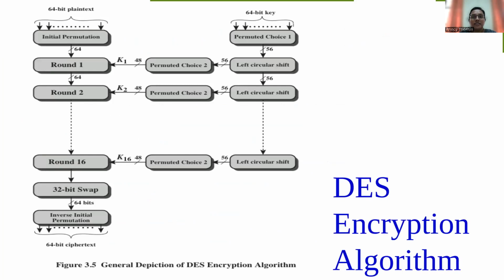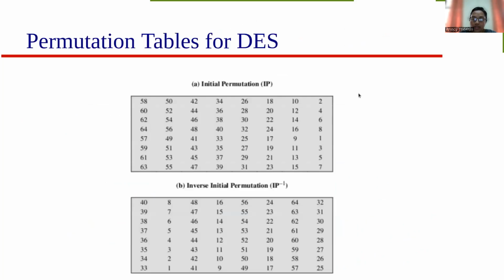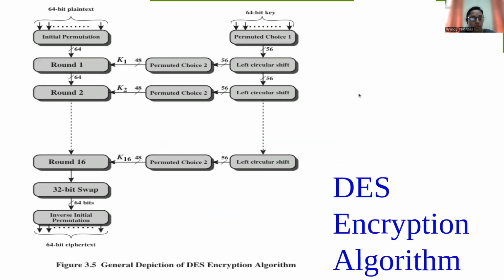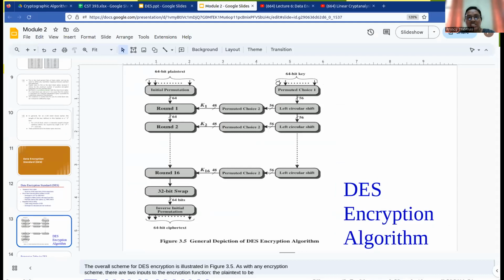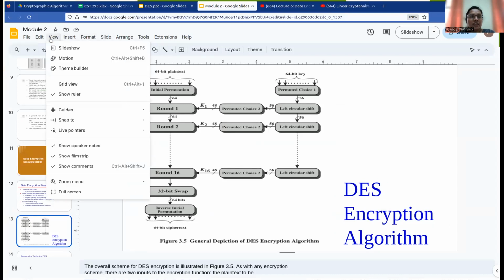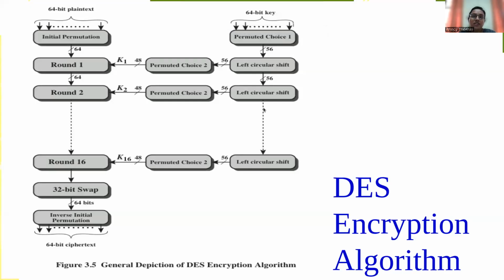So let's look at the DES encryption algorithm. You can see over here this is an input key. A 64-bit key and 64-bit plain text, and then there is a permutation that is used in the case of the 64-bit key, and in each round 56 bits of that particular key is used.